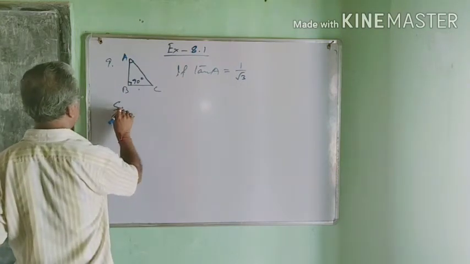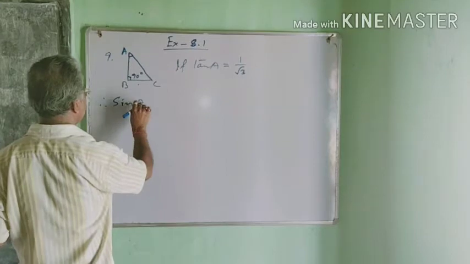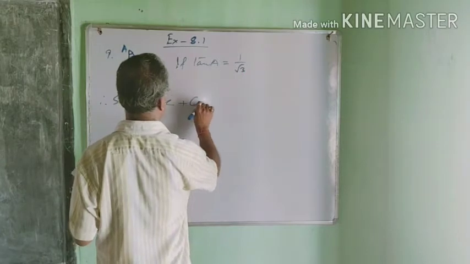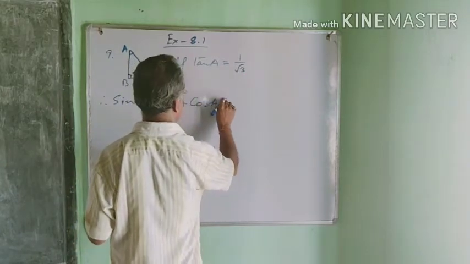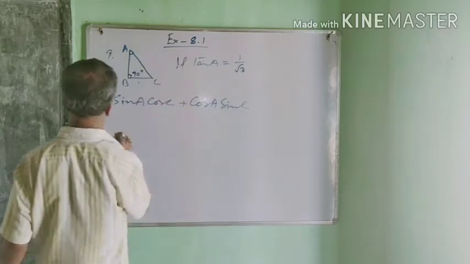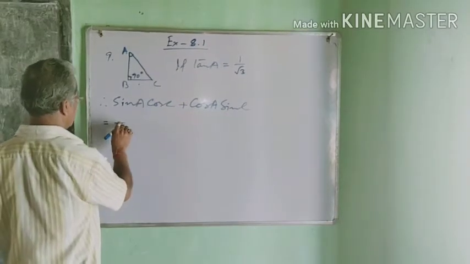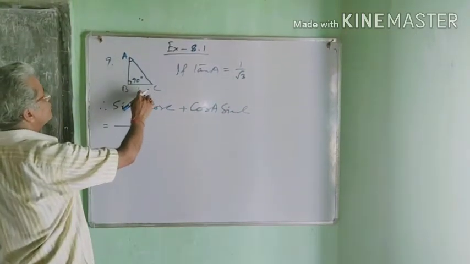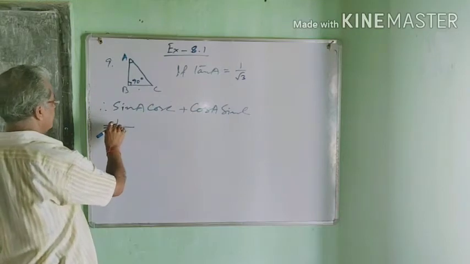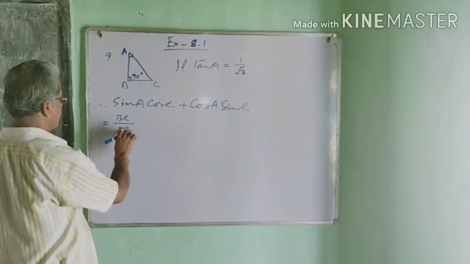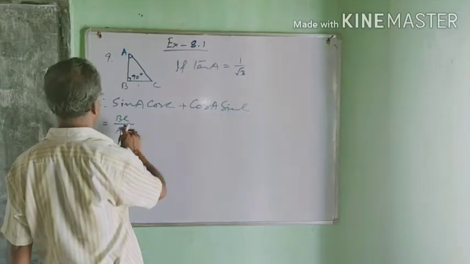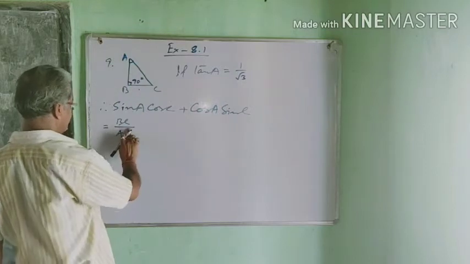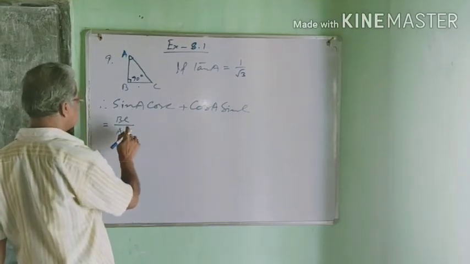Sin A cos C plus cos A sin C is equal to, what is sin A? Sin A is BC by AB. Sorry, sin A is BC by AC, not AB. Perpendicular by hypotenuse.